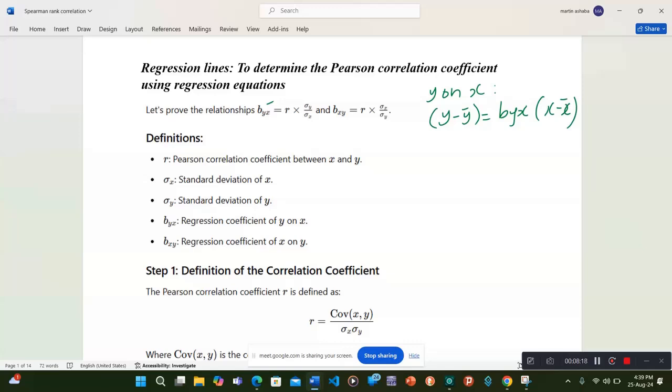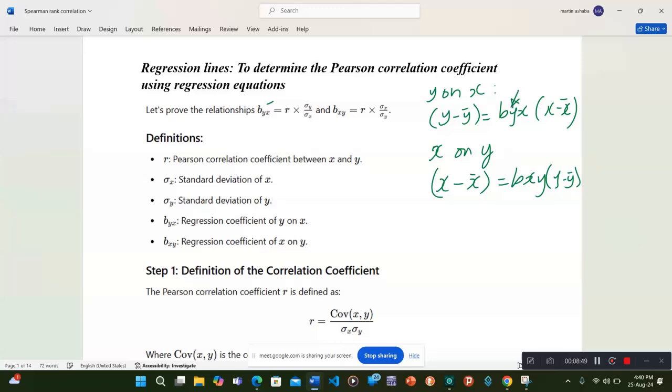Another one is defined by x on y, where you have x minus x bar is equal to b x on y into y minus y bar. So these two expressions help you to determine the coefficients.